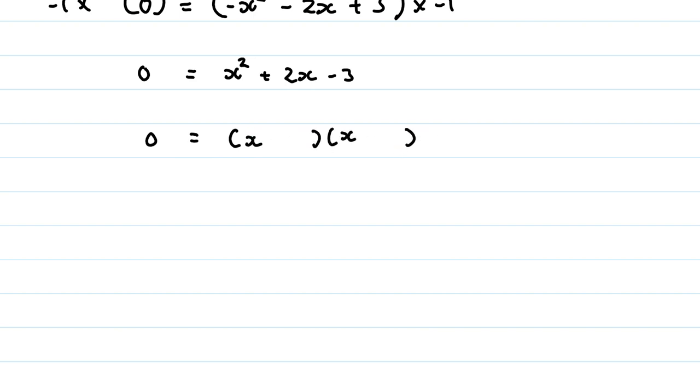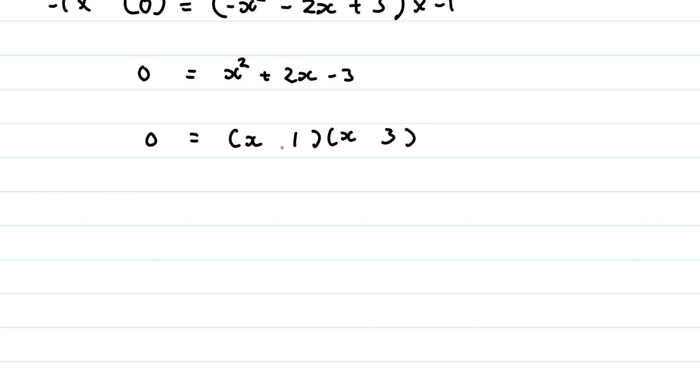Now we have to find the values which, when we multiply them together, give us -3, and when we add them together, give us positive 2. Can you think of those values? I'll pick 3 and 1. When I multiply a negative 1 and a negative 3, I get a positive 3, but we don't have a positive there.